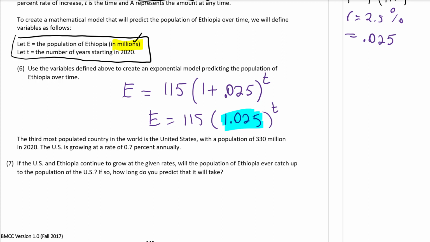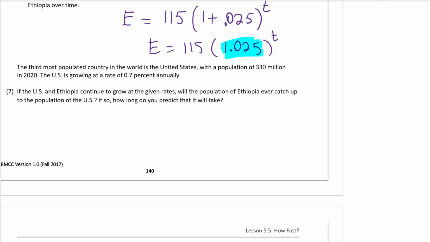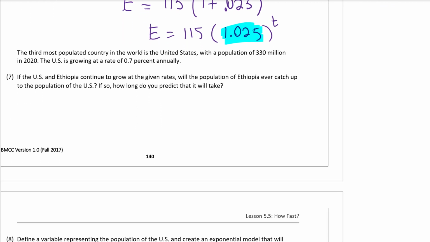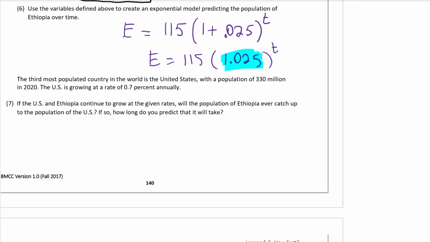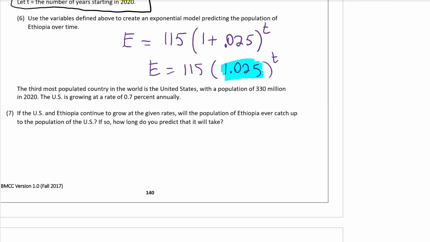All right, so question 7 here. If the US and Ethiopia continue to grow at the given rates, will the population of Ethiopia ever catch up to the population of the United States? If so, how long do you predict that it will take? All right, so guys, here the question doesn't ask us to say exactly in what year it will happen.